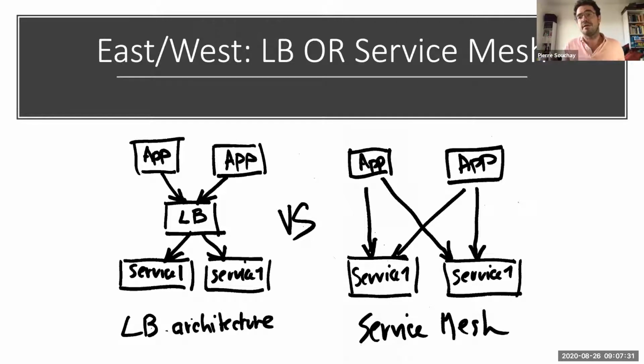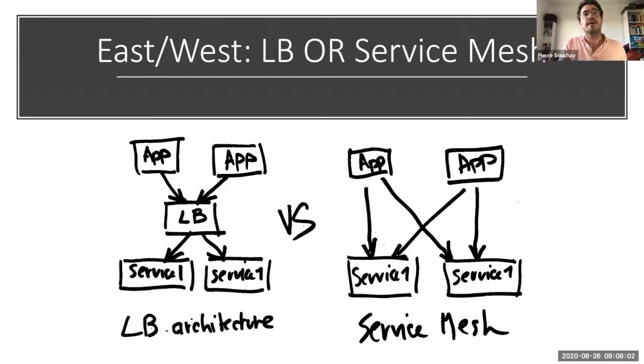Either by choosing a load balancer architecture, so basically the application calls a load balancer, and the load balancer forwards the call to the service itself, or do service mesh. Service mesh is simply your application contacting directly the microservices it is interacting with. So we had those two opportunities.